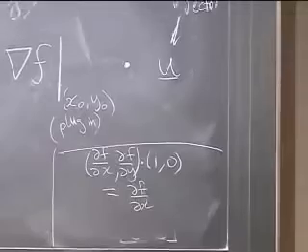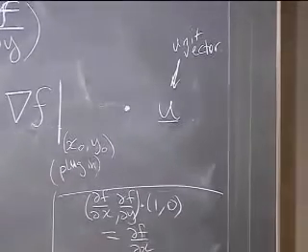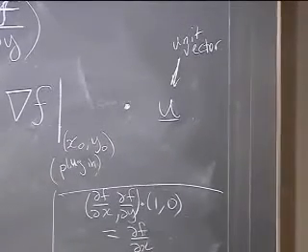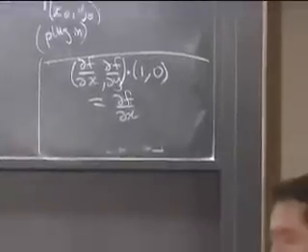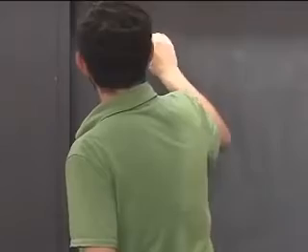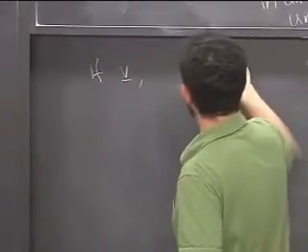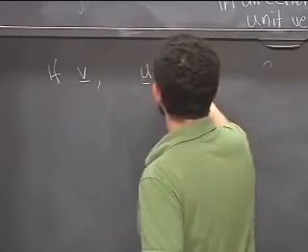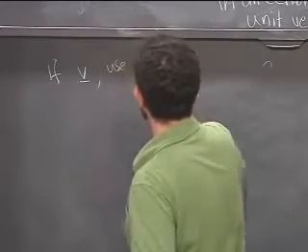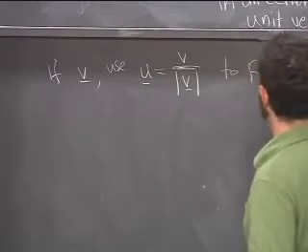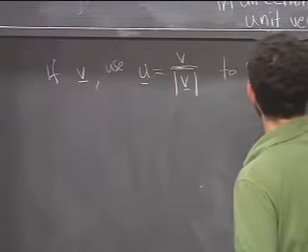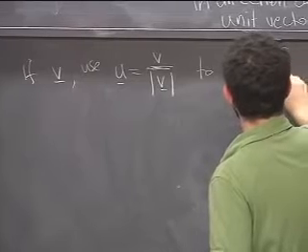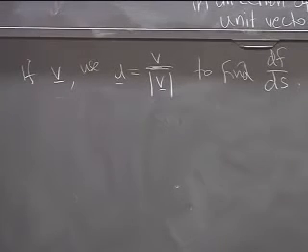So remember, if u is not a unit vector, you have to make it into a unit vector by dividing by its modulus, by its norm. So if we go in direction v, you have to let u equal v divided by the length of v, to find df ds.